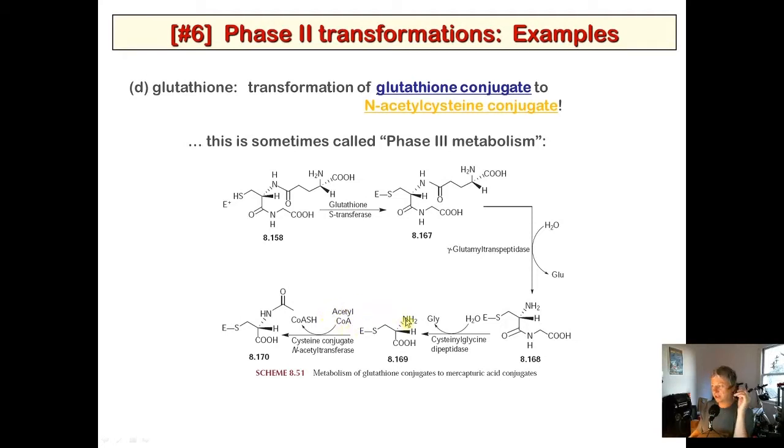And that acetylates the nitrogen and gives you this N-acetylcysteine derivative, and that can be excreted. One interesting thing about this is that it actually preserves glycine and glutamic acid in your body, so you're not throwing away good amino acids. And they can be recycled into more glutathione or other proteins and things like that.